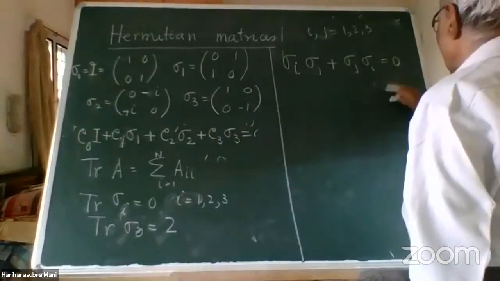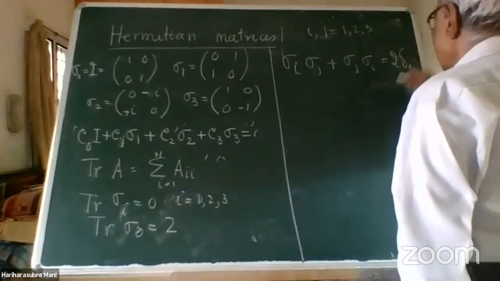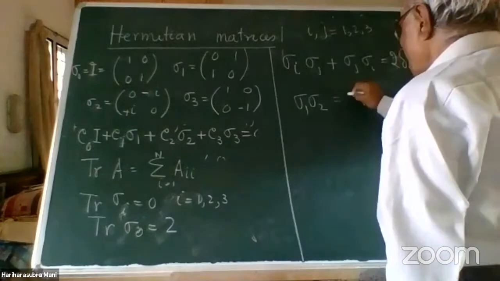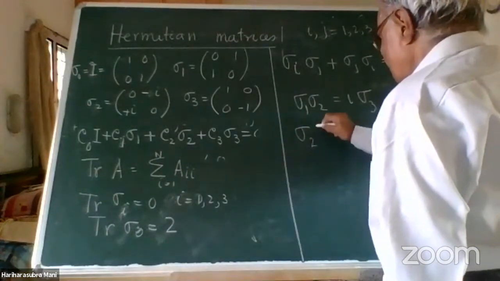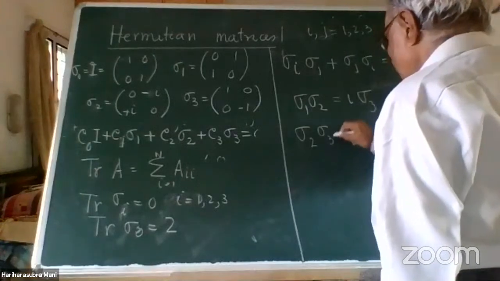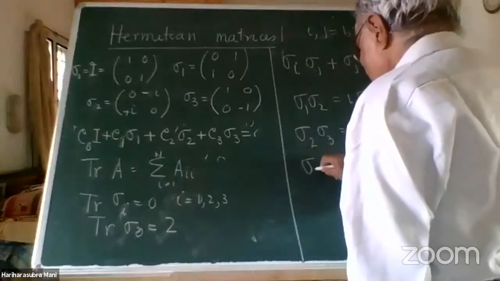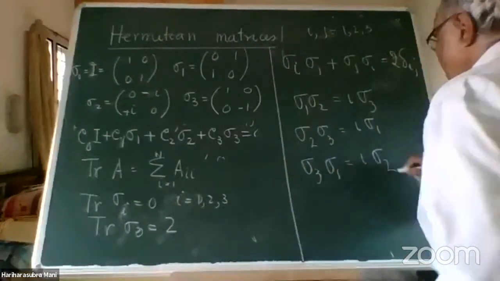In fact, best is to write it as 2 delta ij. And next is sigma 1 sigma 2 equal to I sigma 3. Sigma 2 sigma 3 is I sigma 1. Sigma 3 sigma 1 is I sigma 2.